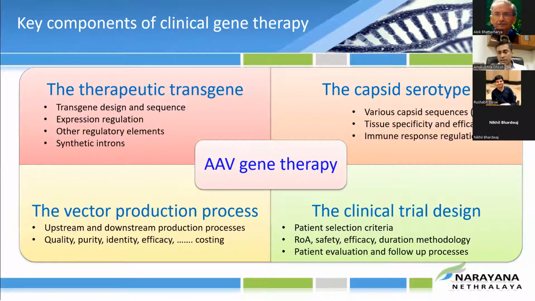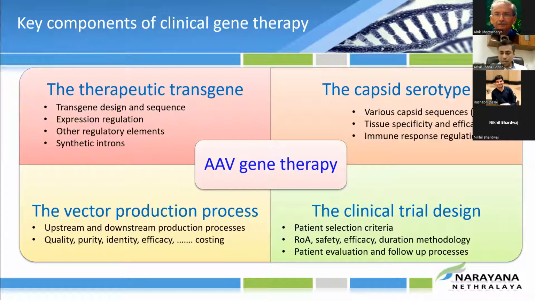And finally, the clinical trial design itself. I think some of the speakers ahead of me have already discussed it. How do you design the trial so that it gives you the most amount of information and is not bogged down or doesn't fail because of poor design choices?